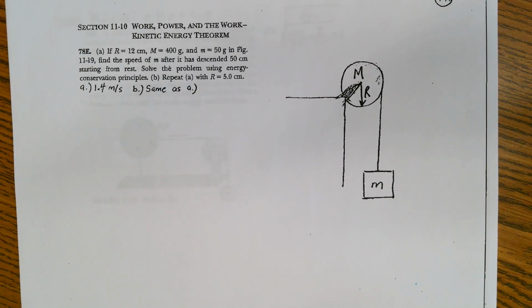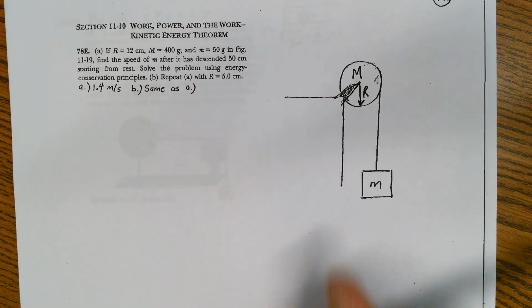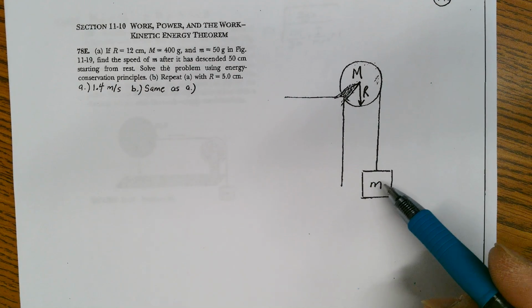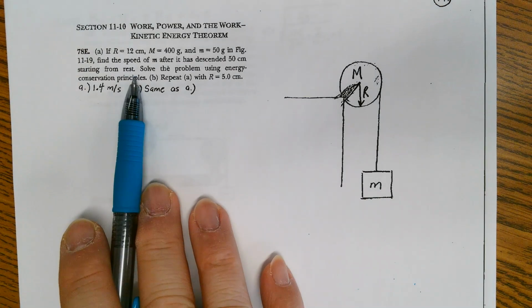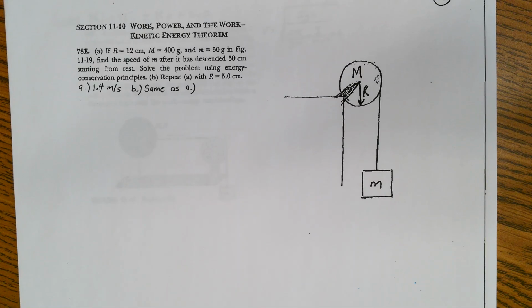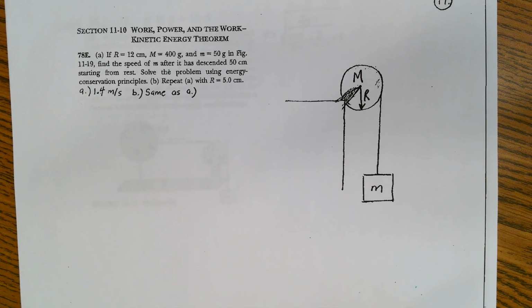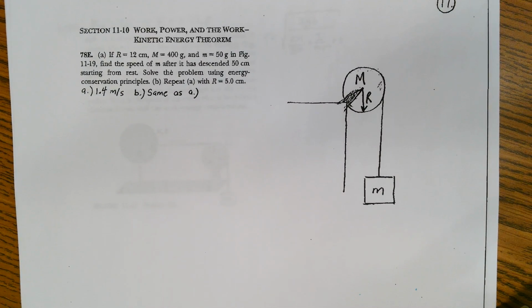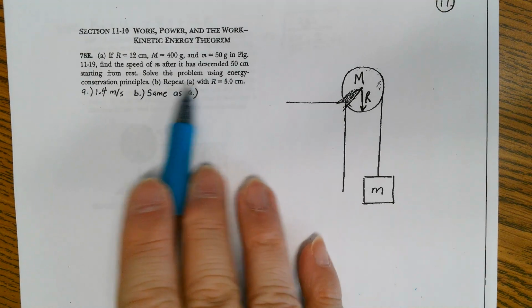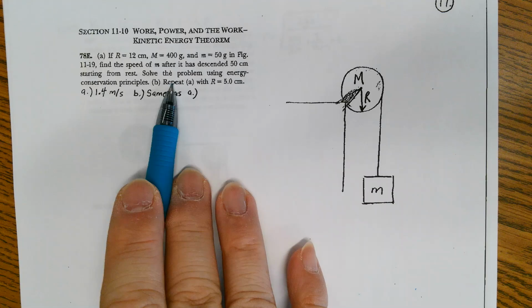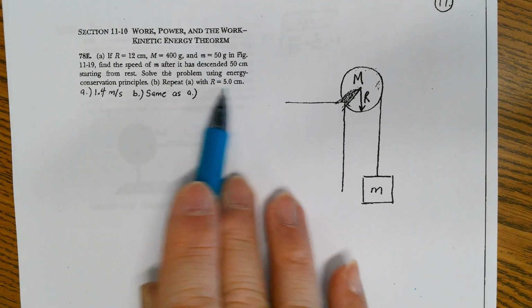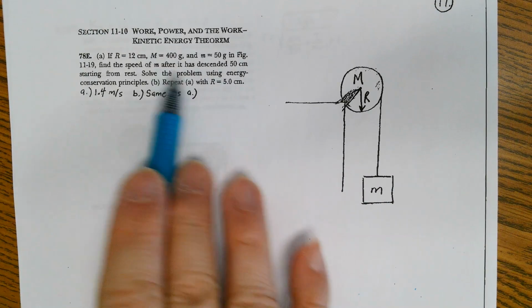So in the figure to the right, find the speed of M after it has descended 50 centimeters, starting from rest. Okay. We should definitely use energy consideration in this, since they didn't say anything about friction here. Solve the problem using energy conservation principle. Repeat with 5 centimeters instead of 12 centimeters.